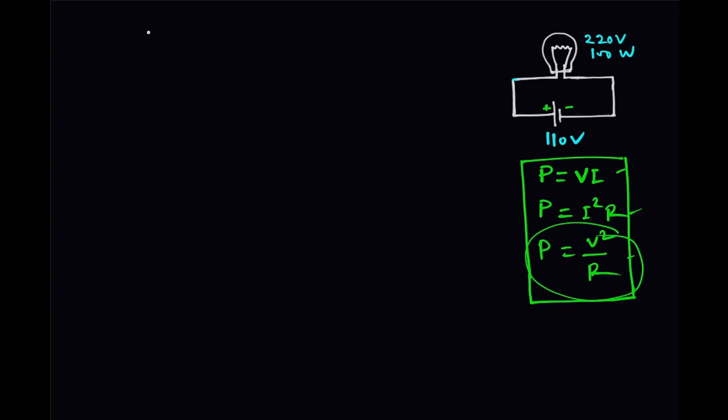So you have to calculate the resistance. Then what is the resistance from this formula? R is equal to V square divided by P. Then we get resistance R is equal to, V is 220 volt, because when 220 volt is applied, we are getting 100 watt.